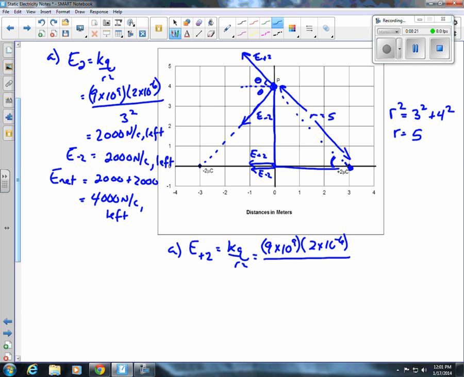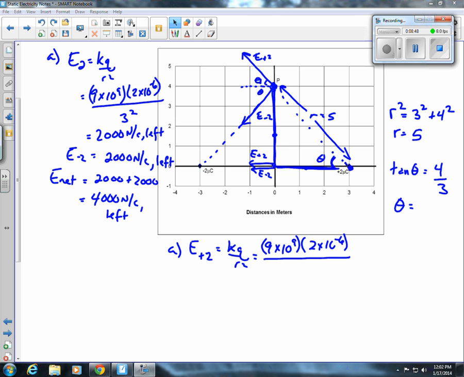Now, at the same time, I'm going to find this angle, because I need this angle up here to do the same thing. If I look at this triangle, I have the opposite side and the adjacent side. Opposite over adjacent is tangent, so tan theta is equal to the opposite, this height here, which is 4, and the adjacent, this side here, which is 3, and that's going to give me that theta equals 53.1 degrees.